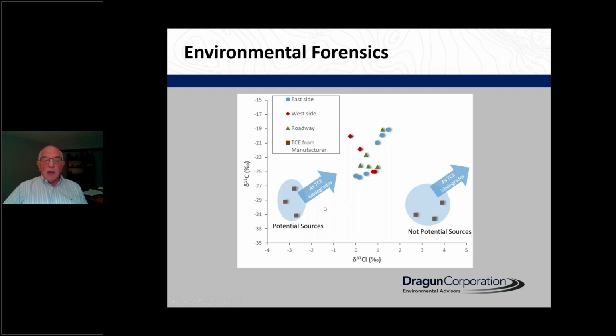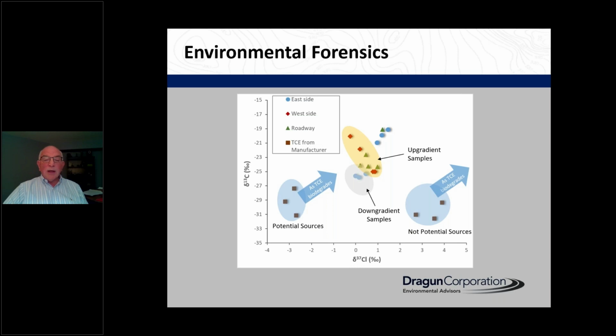And then what we see is, so these are potential sources. The down gradient samples, the ones furthest away from the west side of the road, are less depleted, meaning they're lighter than the ones on the up gradient side. This is exactly opposite to what you'd expect if there was one source.